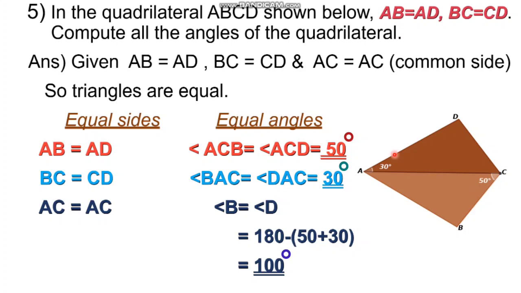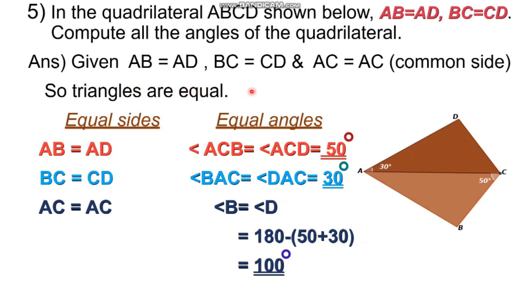Okay. Now, let us go through the answer. See, given AB is equal to AD and BC is equal to CD, the given equal pairs of sides. And we need one more pair of equal sides. And it is AC equal to AC, common side of both the triangles. Now we can say that the triangles are equal.